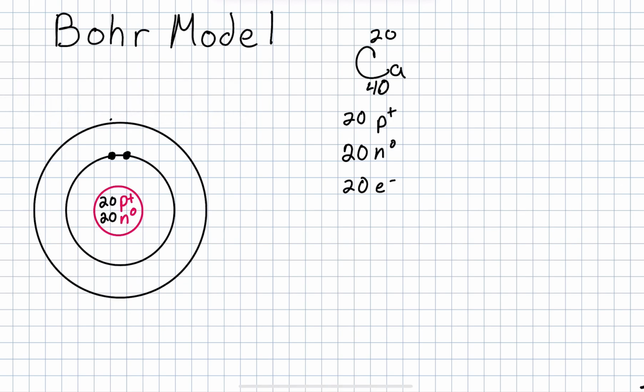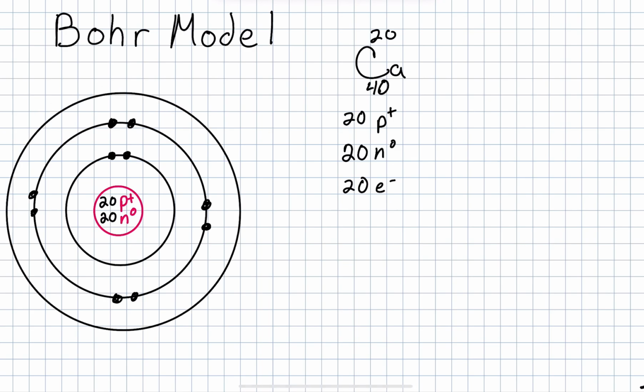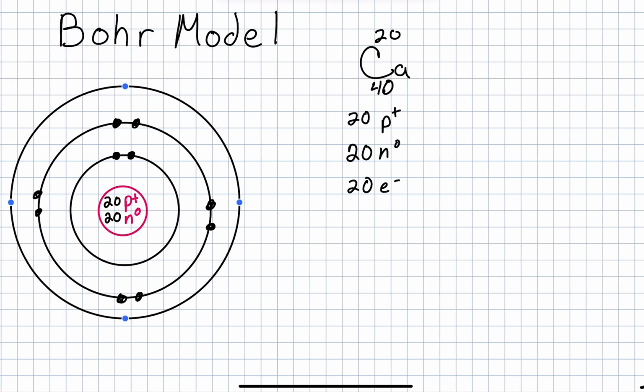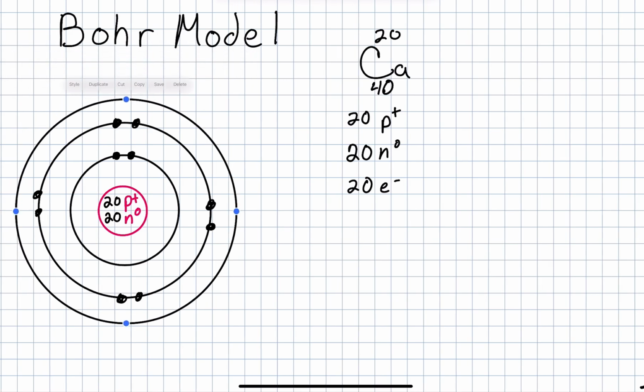So 1, 2, 3, 4, 5, 6, 7, 8, 9, 10. Not quite done yet. So I need another energy level. So that was 10. 11, 12, 13, 14, 15, 16, 17, 18.